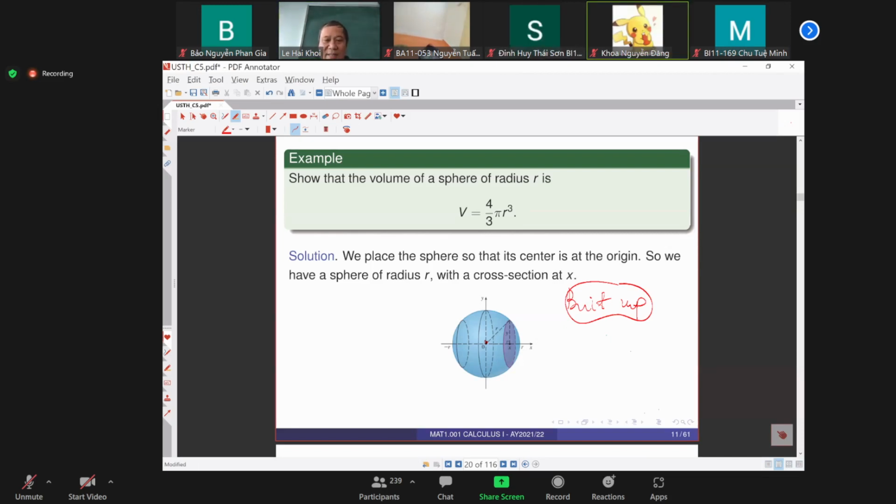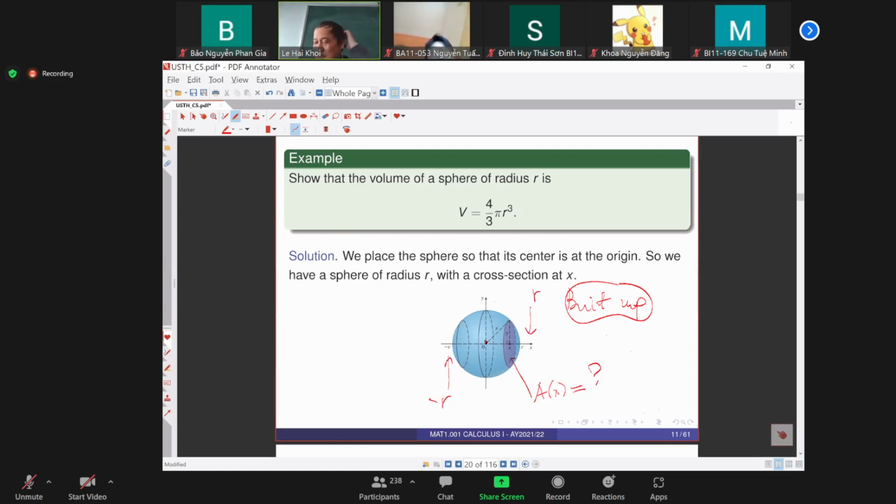The cross section at x. What is that? This is the cross section, and we want to find its area when x runs from negative r to r, right? So the cross section is a disk.